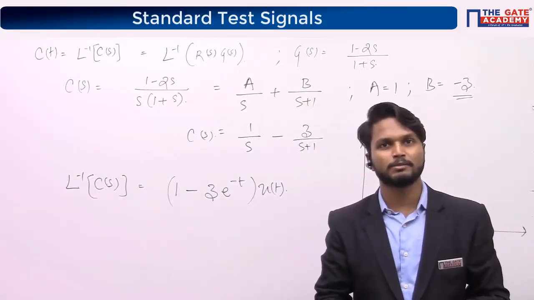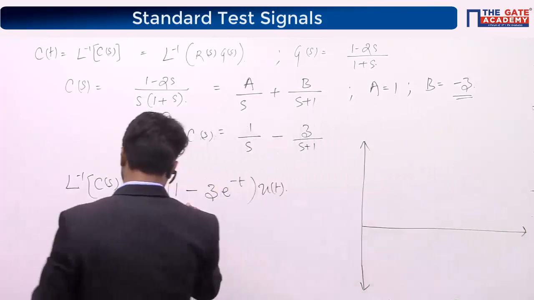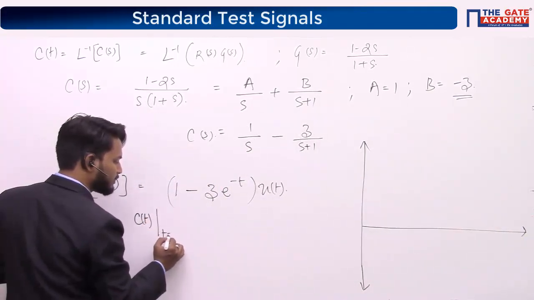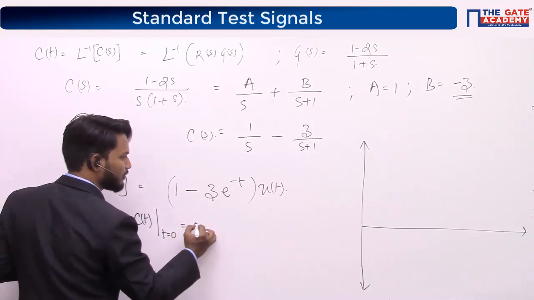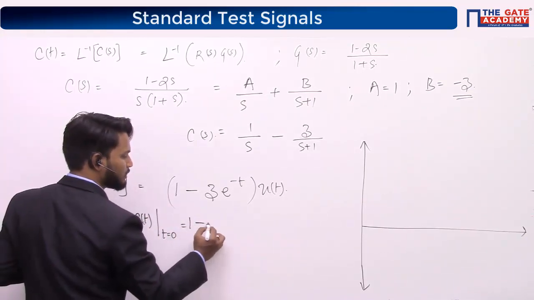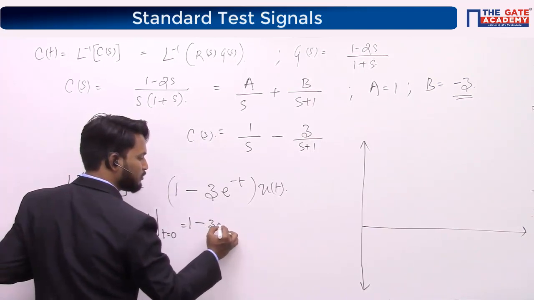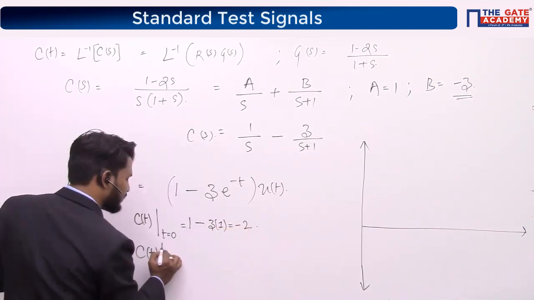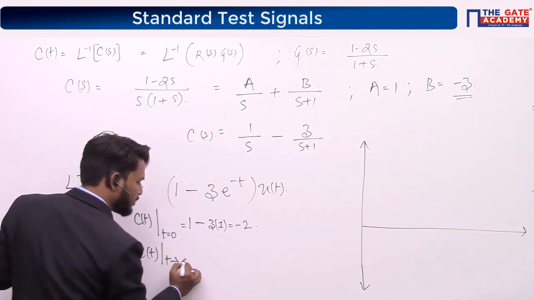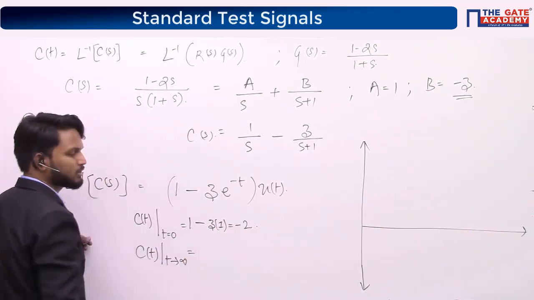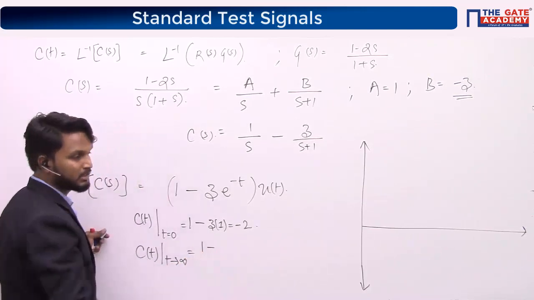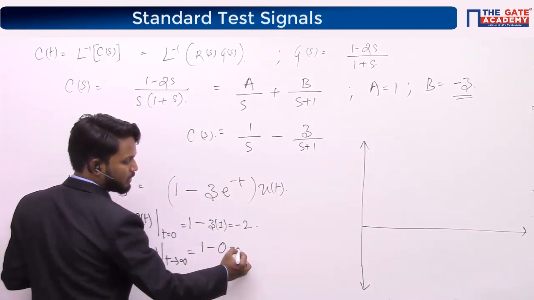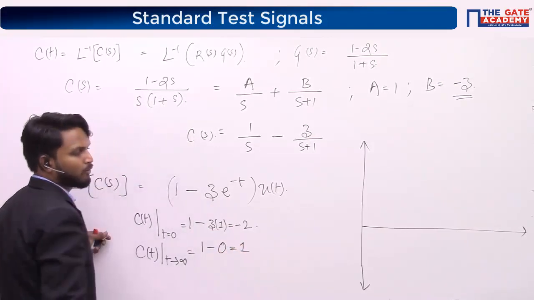In the response, if you put t is equal to 0, C of t at t is equal to 0 is how much? That is 1 minus 3 into 1, that is equal to minus 2. C of t as t approaches infinity is how much? As t approaches infinity, this becomes 0, therefore this is 1.